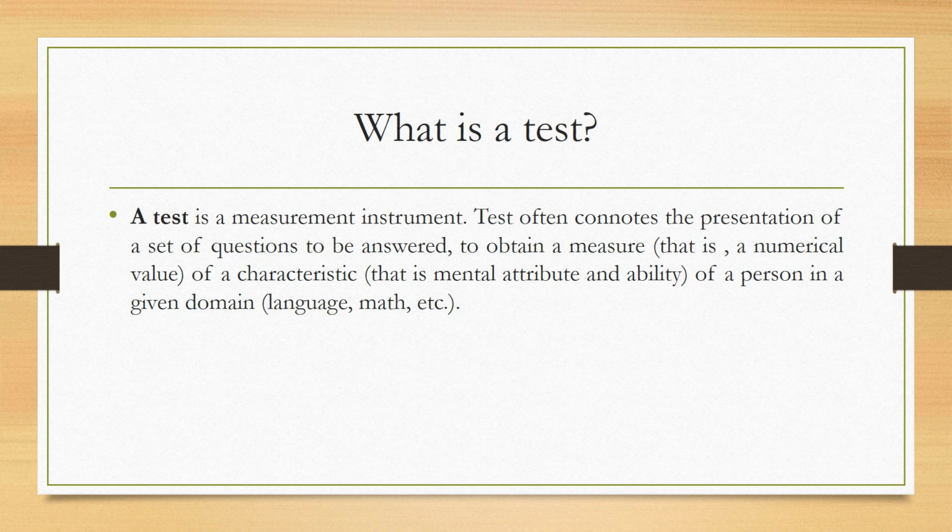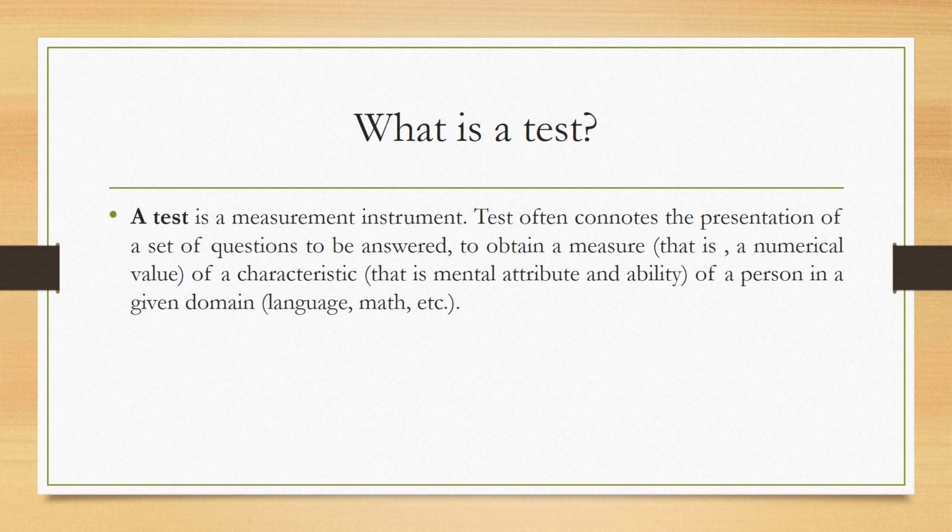Okay, so these marks or scores that you put on the answer of each student are the measure that you are after, because through this mark or score, you are going to be able to judge the knowledge or the abilities of your students.